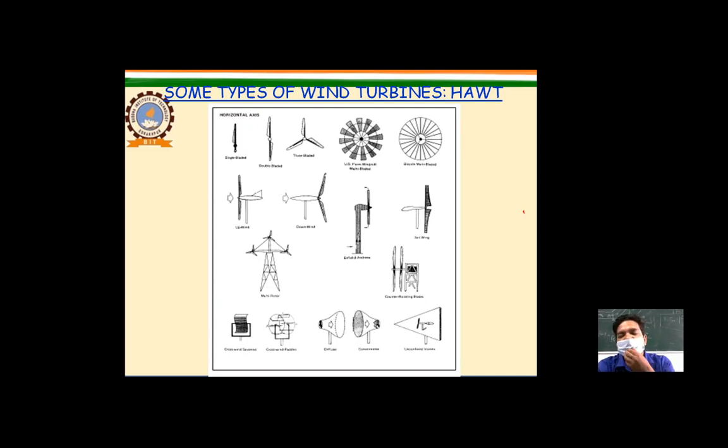If the axis is allocated vertically, that type of wind turbine is known as a vertical axis wind turbine. If the axis is allocated horizontally, then it is known as a horizontal axis wind turbine. These are very popular for power producing.